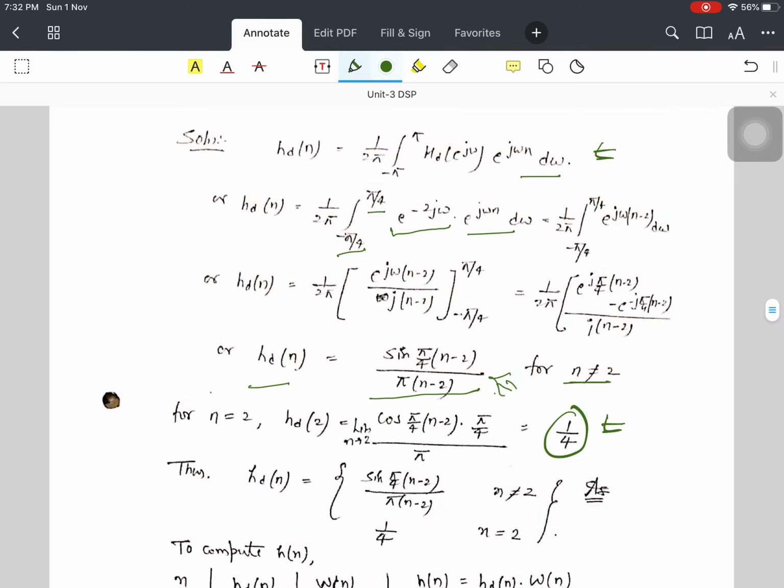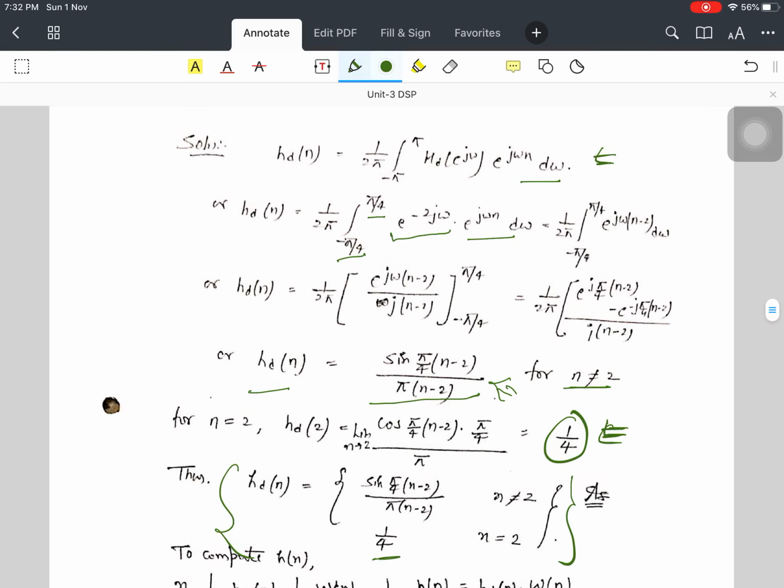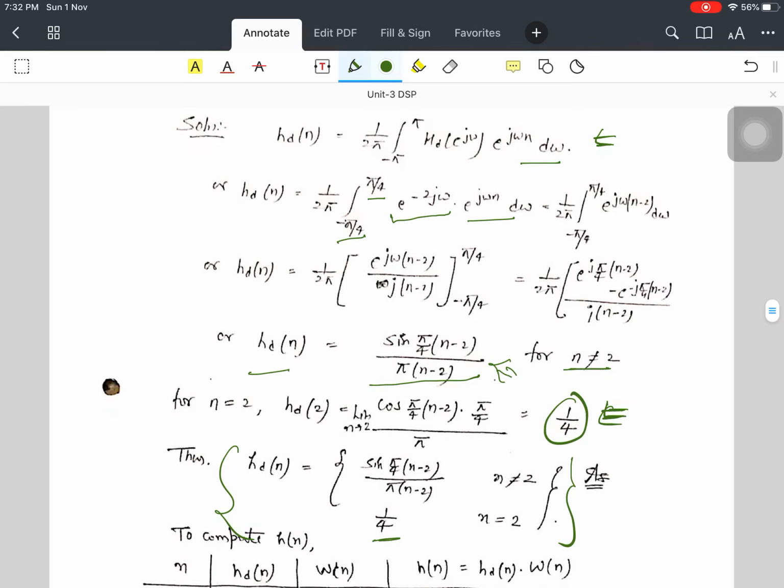So, we can write it in this form: Hd(n) equals sin pi by 4 (n minus 2) upon pi (n minus 2) when n is not equal to 2, and for n equal to 2 we will get 1 by 4, because we have already calculated this value. Now, we want to calculate this h(n). For h(n) we have to multiply this Hd(n) into the window function.